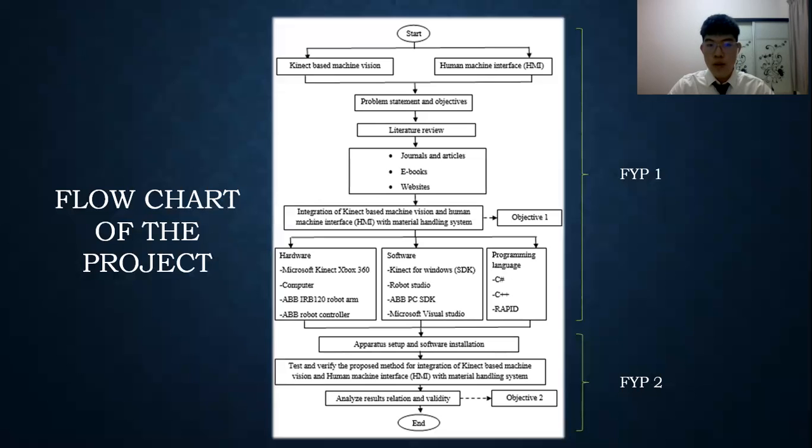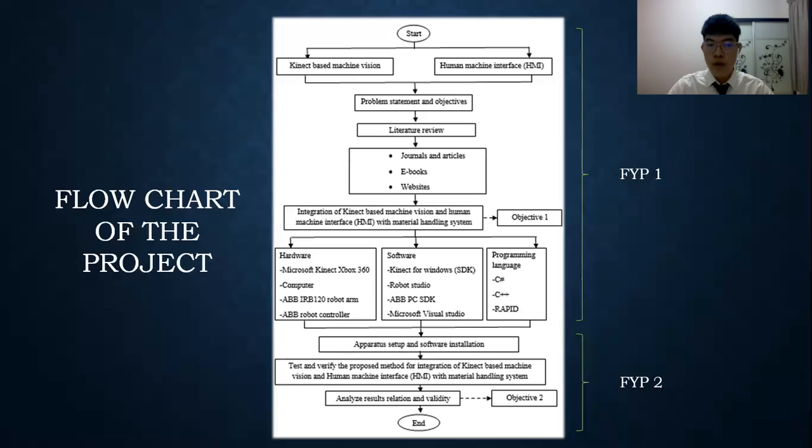In achieving objective one, there are some components including the hardware, software, and programming languages. For the hardware, we have the Microsoft Kinect Xbox device, a computer, an ABB robot arm, model IRB120, and an ABB robot controller.